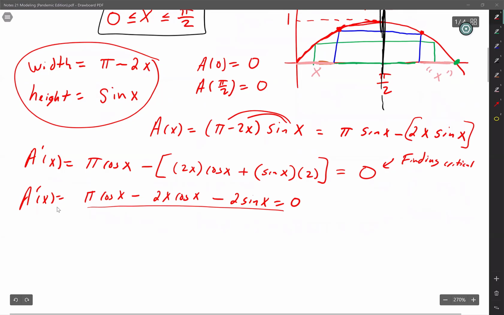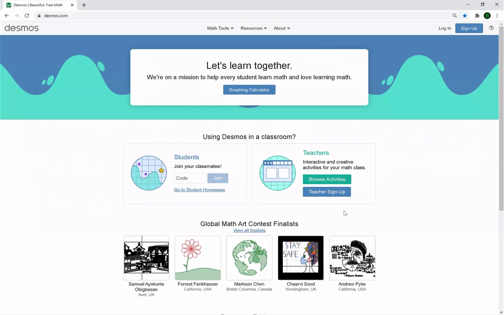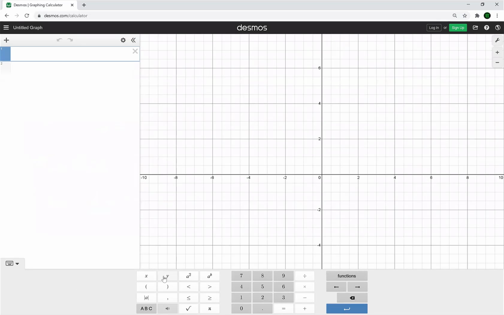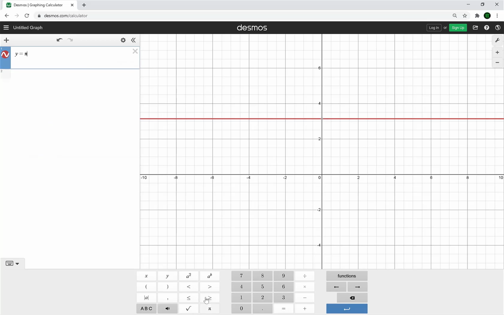So here we go. I'm going to open up Desmos. And right now I'm going to change the screen, guys. Let me just get Desmos in here and share my screen. Oh, look, I already had Desmos earlier. All right, here we go. Math tools, graphing calculator. And I already forgot the equation. Can you guys hook me up? Y equals pi cosine x.